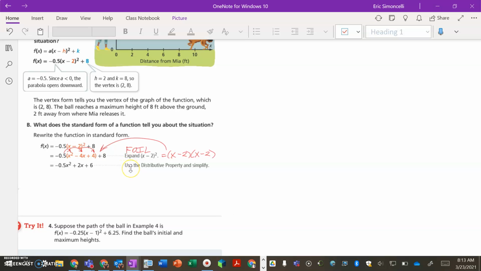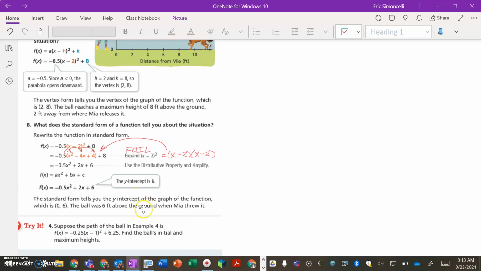And then you'll combine like terms, and you'll end up with that particular standard form. Why is that important? Here it is again in that general format. The y-intercept is 6. The standard form tells you the y-intercept of the graph of the function, which is 0, 6. The ball was 6 feet above the ground when Mia threw it.